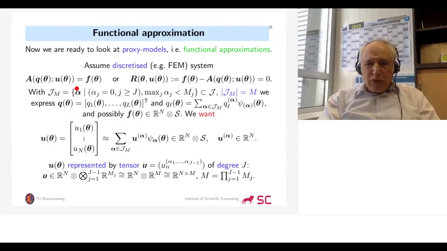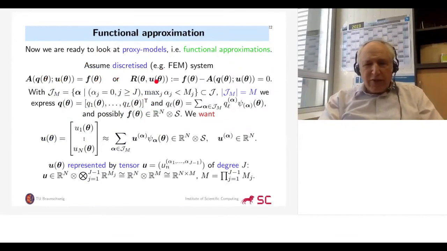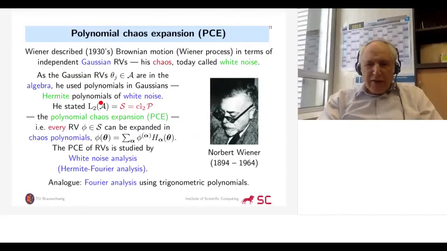Okay, so now we come back to our problem. Assume we have discretized, let's say, a FEM system with this equation, or we can write it as the residual being 0. Of course, we cannot compute with infinitely many random variables and infinitely many polynomials. We have to do something. So the first thing is we take a finite subset of these multi-indices. These will be the functions H alpha which we are going to be working with.